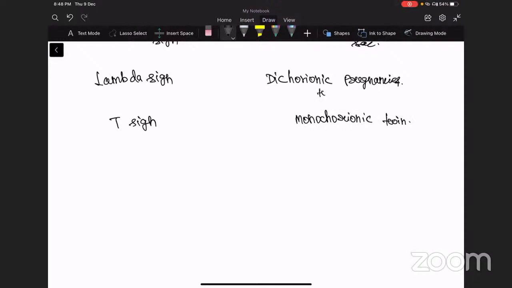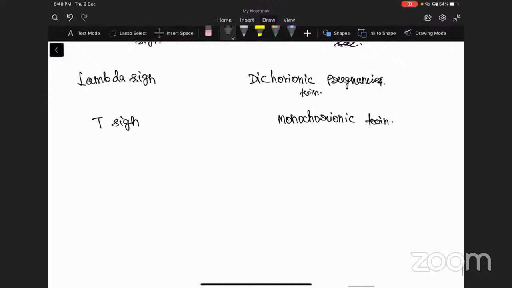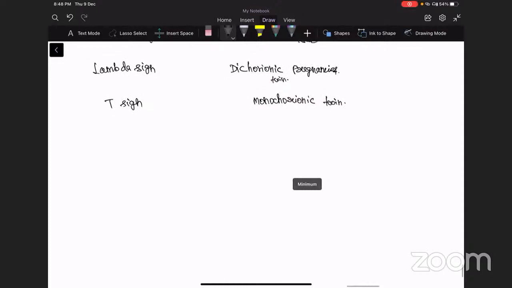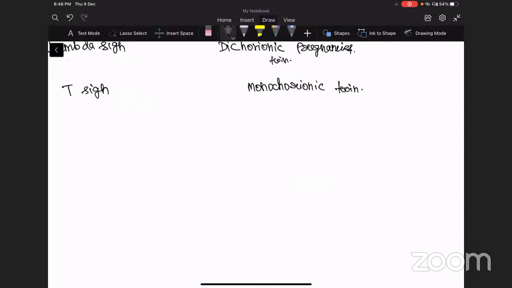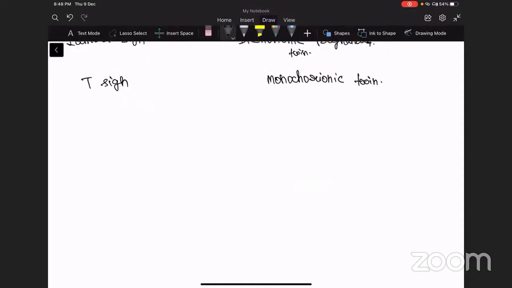Lambda sign is seen in dichorionic twin pregnancy, whereas T sign is seen in monochorionic twins. Bunch of grapes sign seen in complete mole.